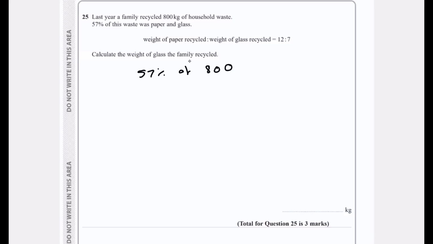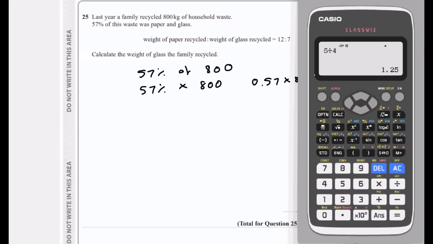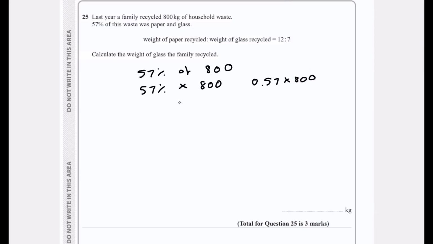Wherever we've got of, it means times. So 57% times 800. You can also write that as 0.57 times 800 or 57 hundredths. 0.57 times 800 is 456.